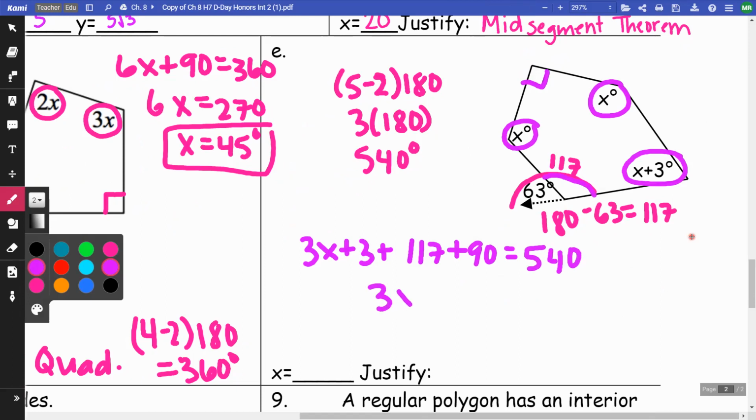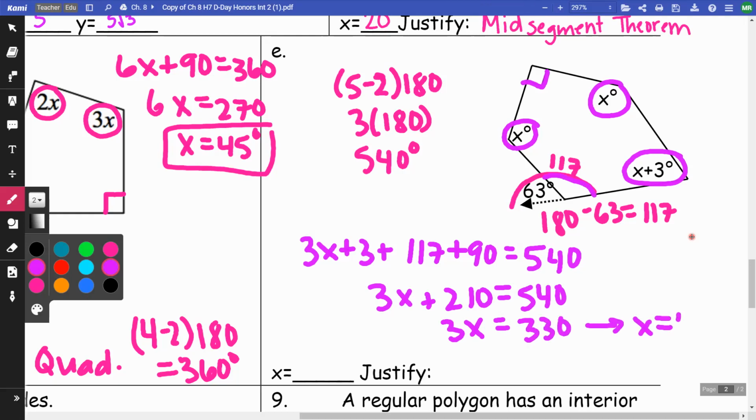So I'm going to get 3x, and then 3 plus 117 plus 90, I end up with 210. So I get 3x is equal to 330. So x is going to be 110. So it's going to be 110 degrees.